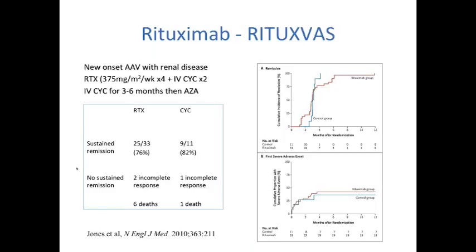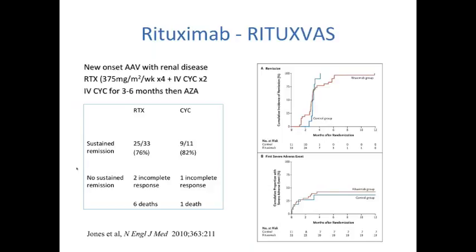and then azathioprine, i.e. the classical cyclophosphamide approach. The graph on the right, the top one, shows the remission rate, with the rituximab group in red and the control group in blue, and you'll see that the two lines essentially overlap and there's no significant difference between the two.